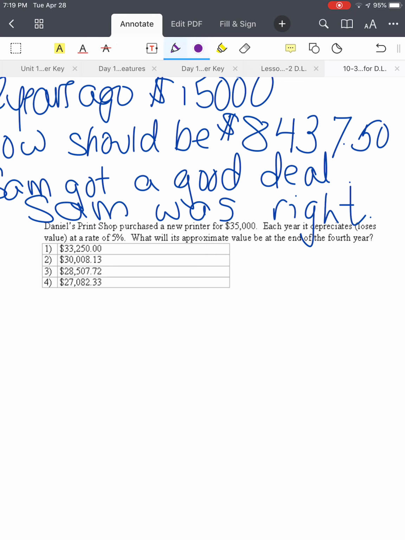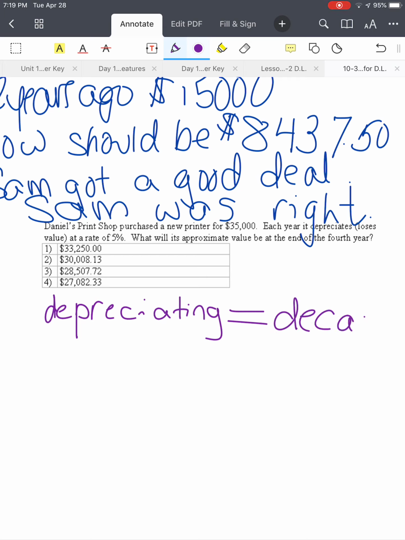Okay, so if it is depreciating, is that decay or growth? That is decay. Okay, so we need that formula. I wouldn't worry about memorizing the formulas, but I would kind of worry about just knowing what they are, being able to find them. Okay, so this is exponential decay.